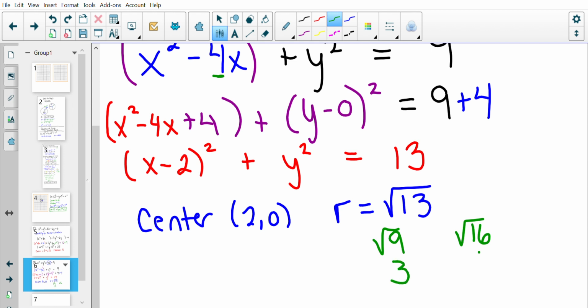The square root of 16 is 4. That means we are going to be somewhere between 3 and 4, slightly closer to 4. So I would guesstimate root 13 to be about 3.6. And that's how you would graph it, with a radius of 3.6 and a center of 2, 0.